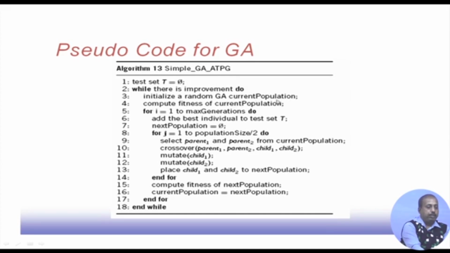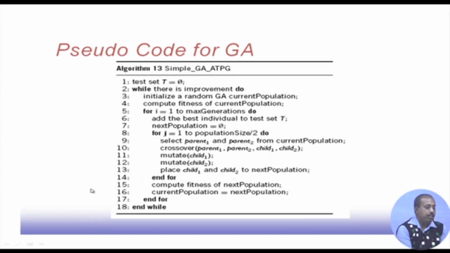For all the individuals we compute the fitness. Fitness computation can be done by doing a fault simulation for individual patterns, finding the faults they are detecting, and then finding out the overall quality of the solution.